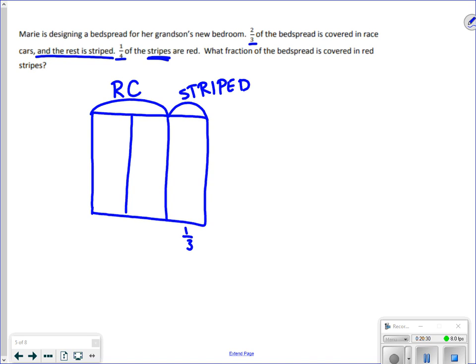So this is the only part that we are discussing. It didn't say anything about doing anything to the race cars. We're doing something about the stripes. 1/4 of the stripes, so I've got to go into fourths. 1, 2, 3, and 4. 1/4.